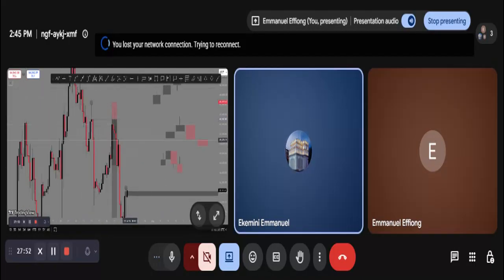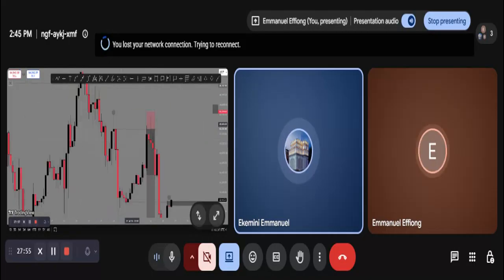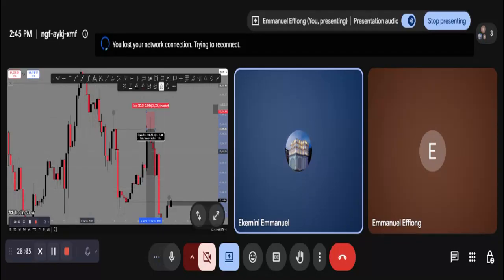Can you look at this? Can you see this trade?